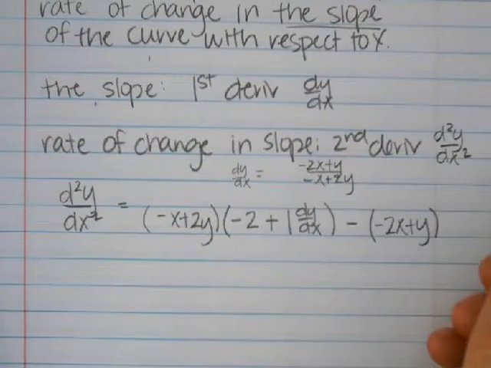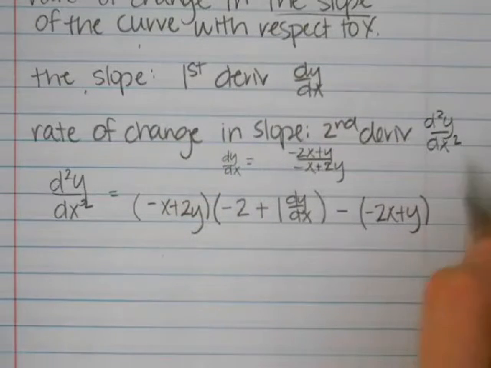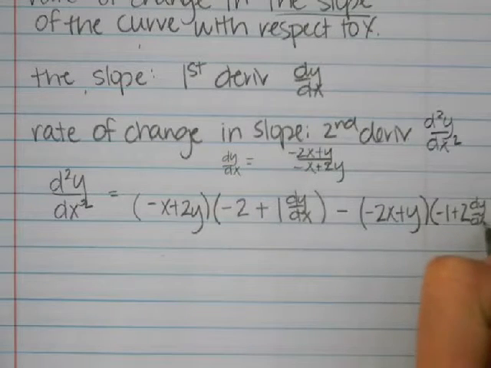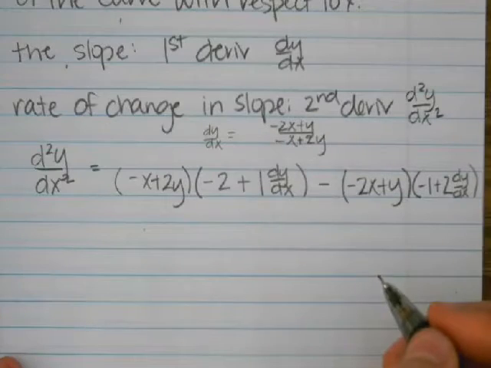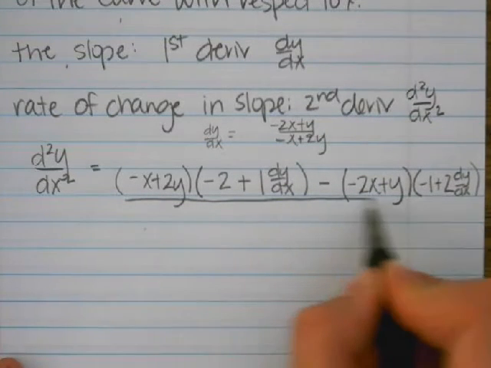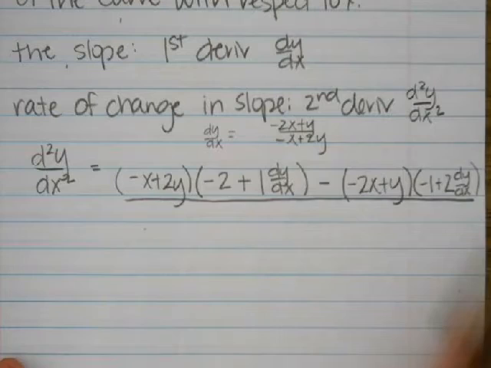And what's the derivative of the bottom? Dy dx, divided by the bottom squared.